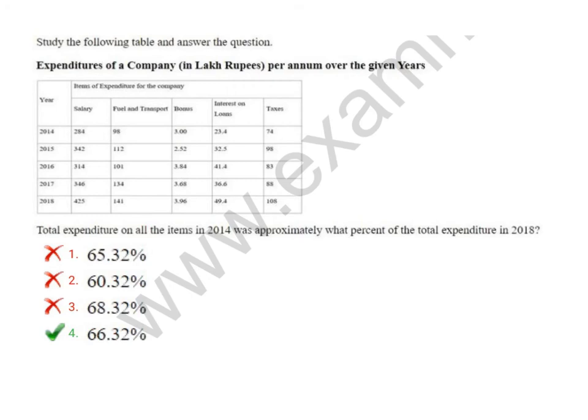Study the following table and answer the question that follows. So expenditure of a company in lakh rupees per annum over the given years is given. Now years are given from 2014 to 2018 and items of the expenditure of the company. The total expenditure on all the items in 2014 was approximately what percentage of the total expenditure in 2018, he is asking you. 2014, if you look at the first row, 23 plus 74, that is 97 plus 3.